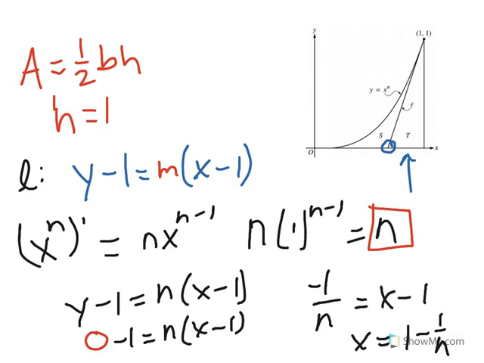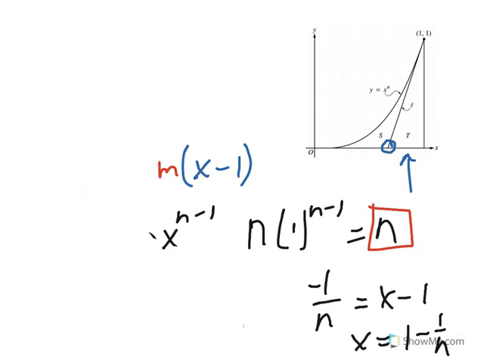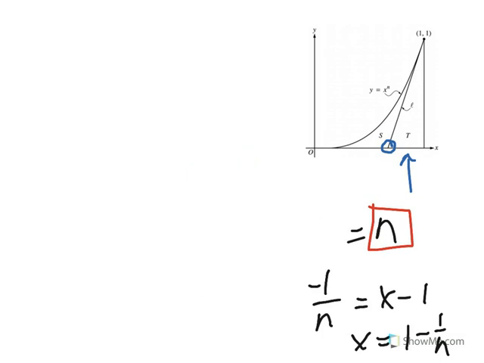Now I'm going to have to make some space here, so while I chit-chat with you, I'm going to erase this part over here. Now that we know x is 1 minus 1 over n, I just need to figure out what that distance is right here on the base of that triangle.